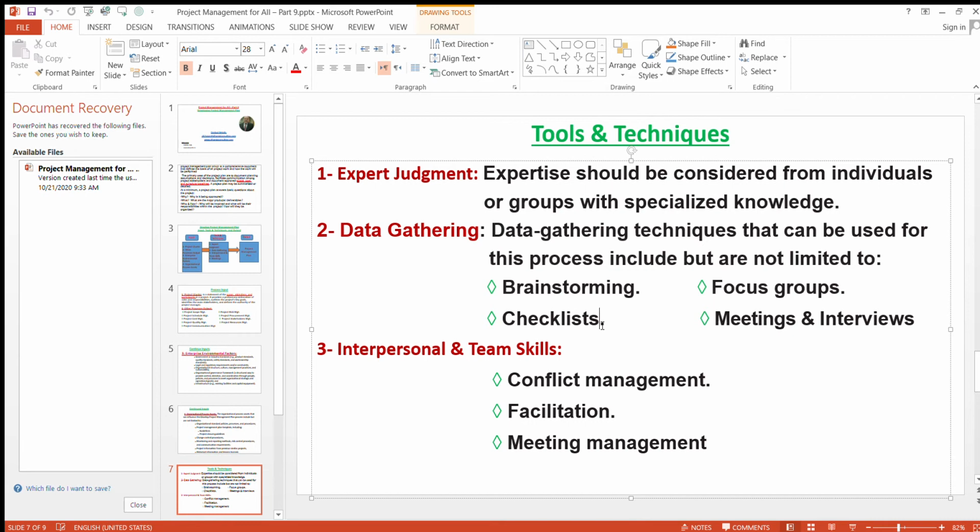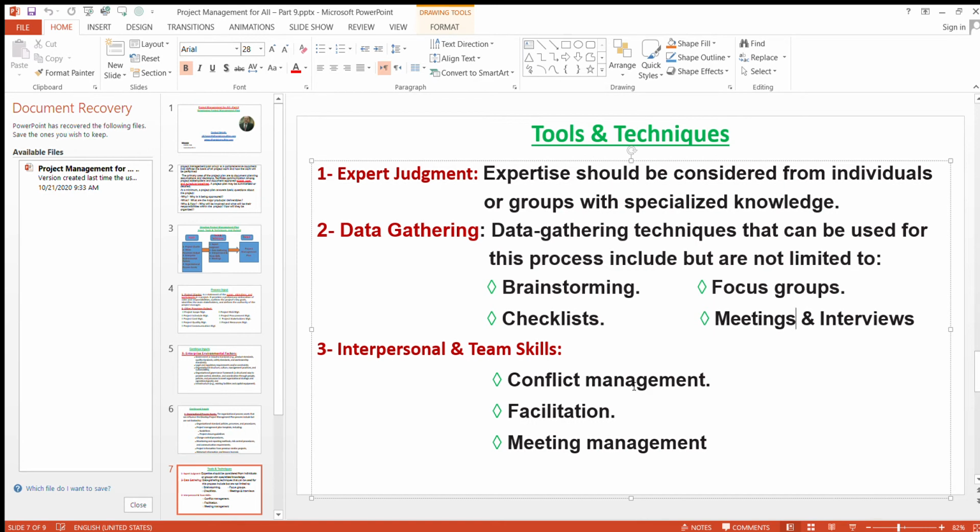Interviews, meetings and interviews. Meetings could be one-on-one meetings, or could be group meetings, or interviews with the stakeholders and other people to get their information and ideas about how to produce and develop the project management plan.